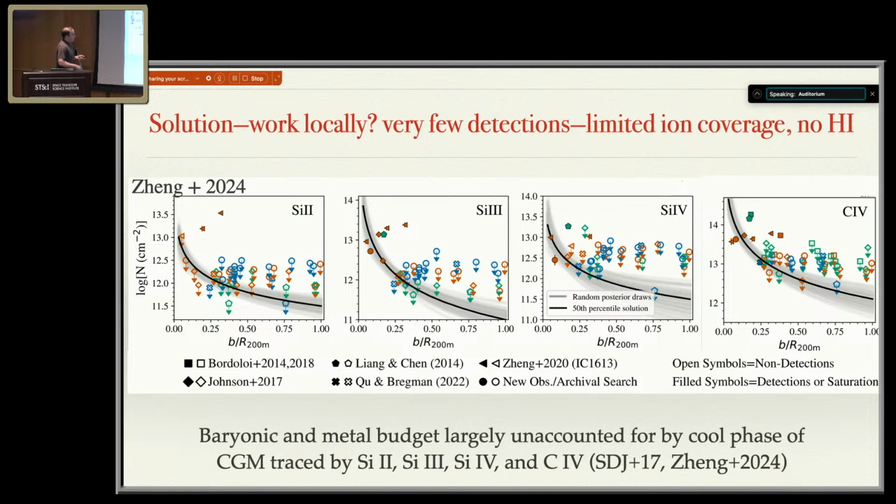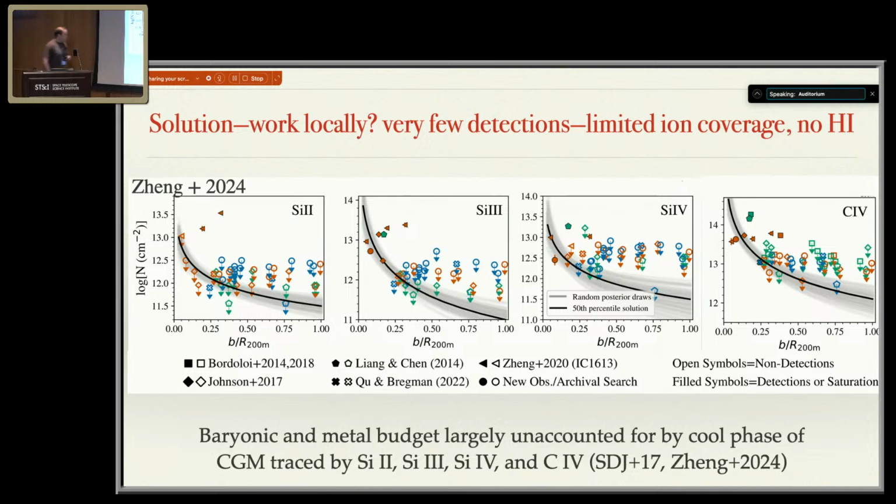Moving to slightly more highly ionized gas, silicon-4, a couple of detections, again, within about a third of the virial radius, and then beyond that, mostly non-detections. And even in carbon-4, we have a handful of detections within about half of the virial radius, and mostly non-detections at larger distances.